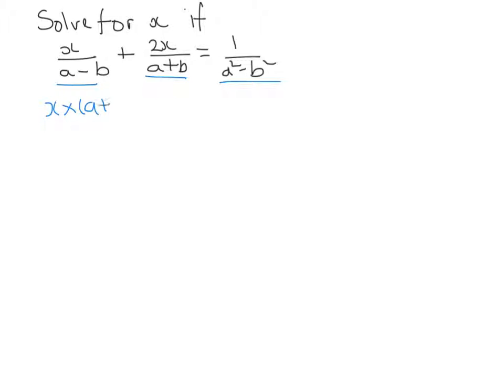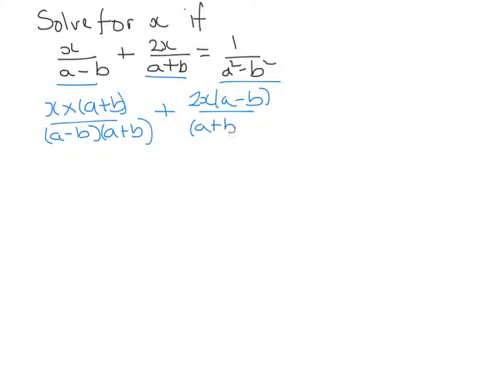So we'll times by a plus b on the top and bottom of this first fraction. And for this second fraction, we'll times by a minus b. And that way we'll get a common denominator that is the same on both of these fractions.